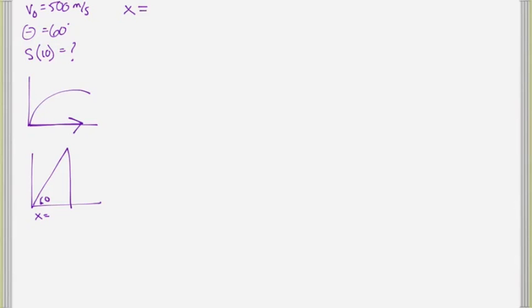So x is going to be the hypotenuse, which is 500, our initial speed, cosine of 60, over any amount of time, so times t. So that ends up being 250t.